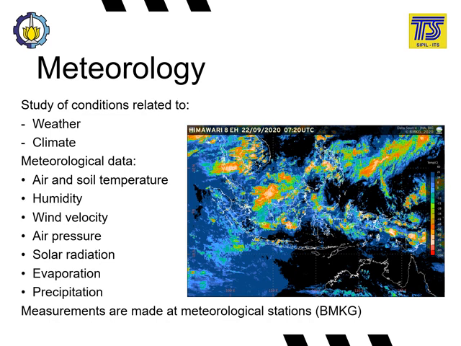Usually, meteorological data measurements are made at meteorological stations. Here in Indonesia, we have BMKG. If you already know about that, this one is the map of the temperature. In our country, you can see there are Sumatra, Kalimantan, Sulawesi, Java, and Papua Island here.